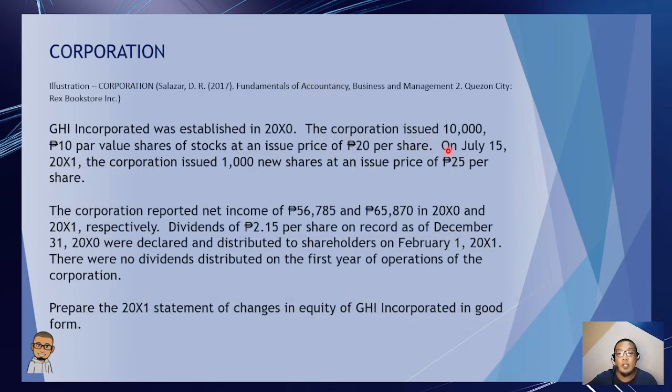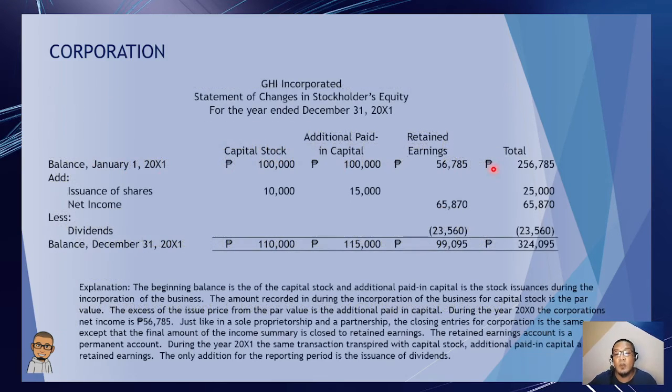Nung 2021, nung July 15, nag-issue ka ng 1,000 new shares at 25. Okay, so balikan natin to. 10 pesos yung par value multiplied by 1,000, yun yung capital stock natin. Okay?